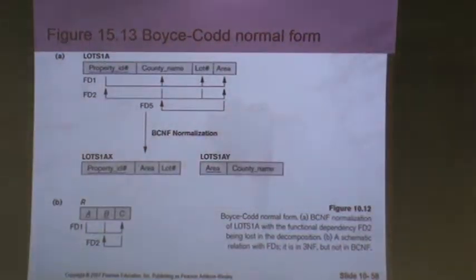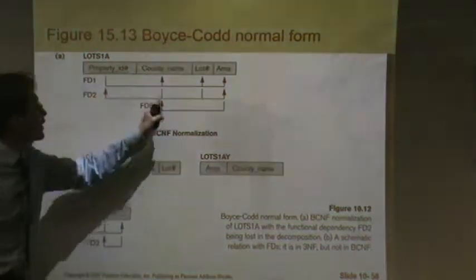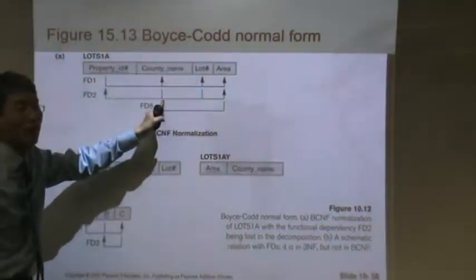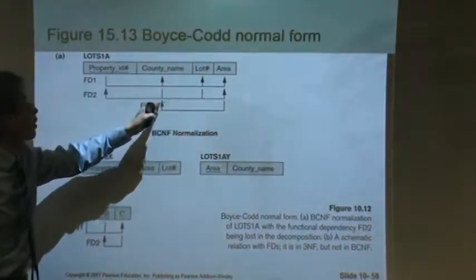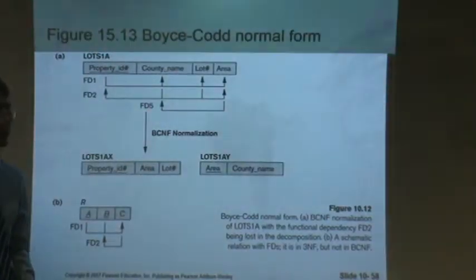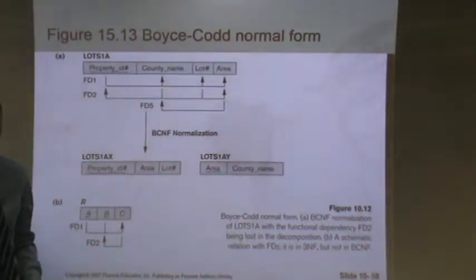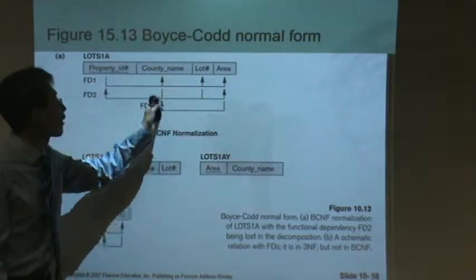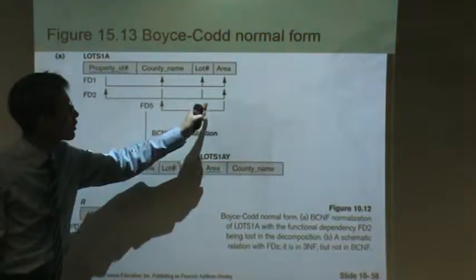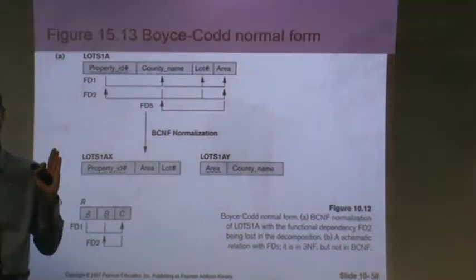Third normal form, the right hand side. Left hand side determines right hand side: the area determines country name. In case of transitive, in the third normal form, this is not a prime attribute. So this is okay in terms of the transitive.